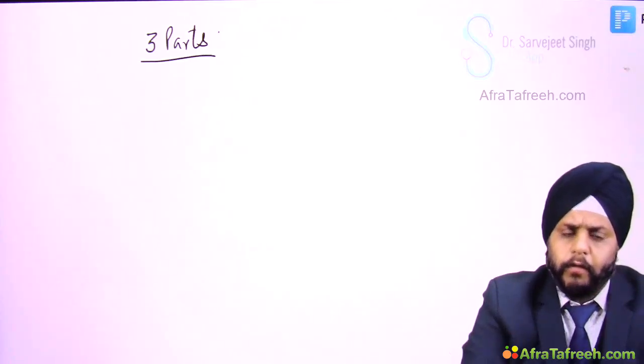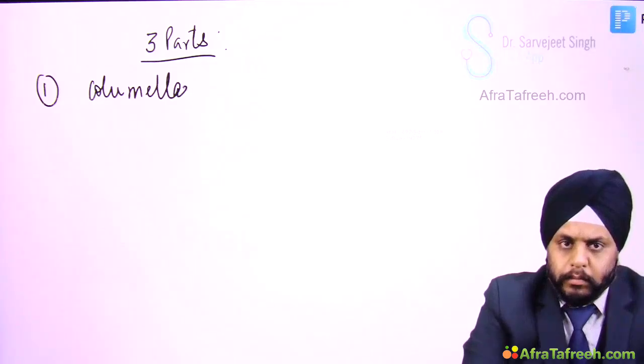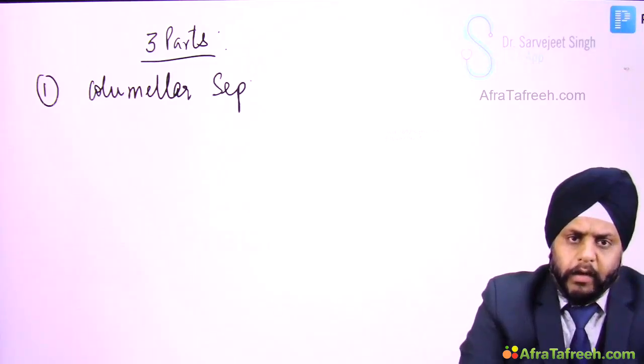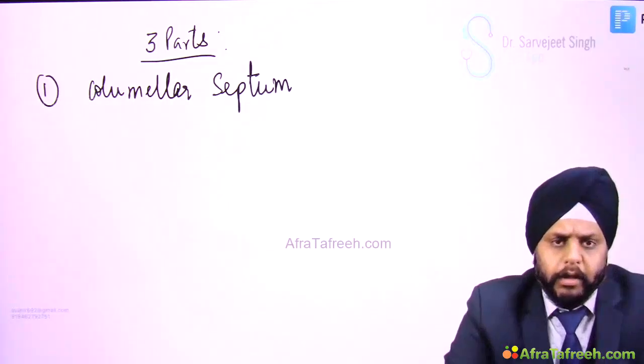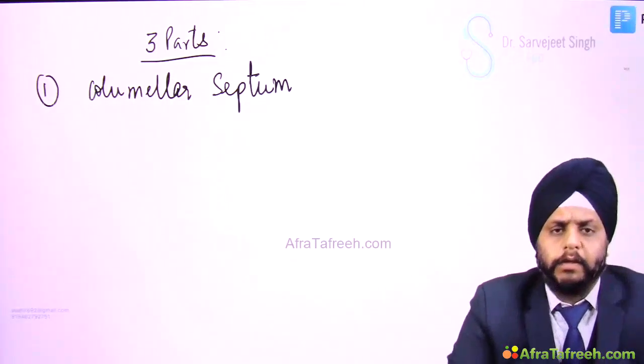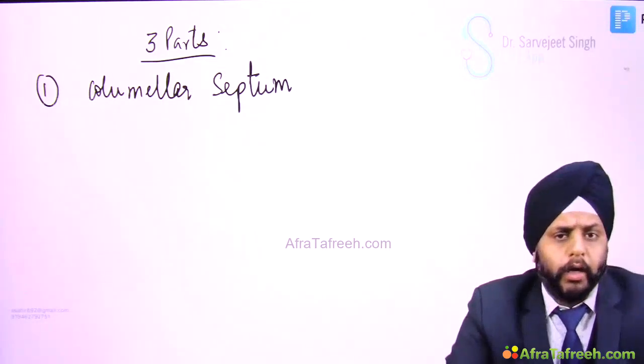What are the 3 parts of nasal septum? Number 1, we have the columellar septum. I have already taught you earlier in the external nose anatomy that this columellar septum is formed by the medial crus of alar cartilage, lower lateral cartilage.